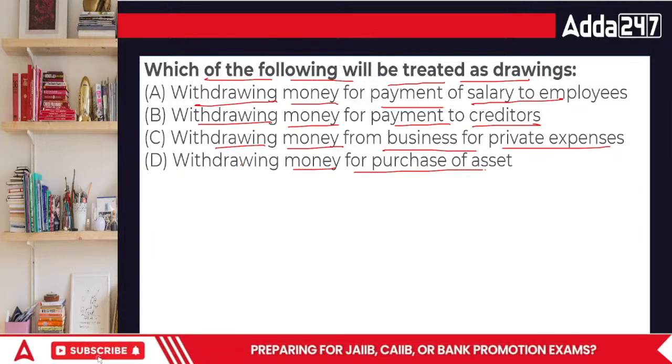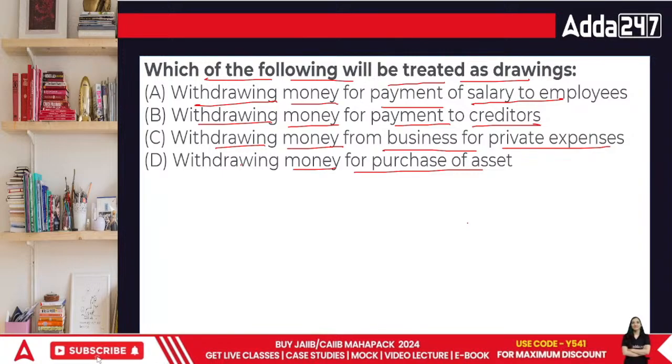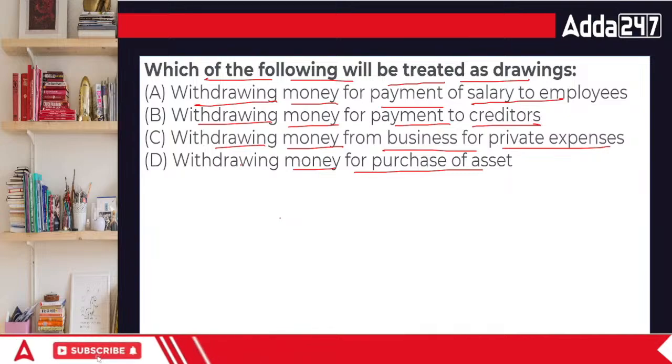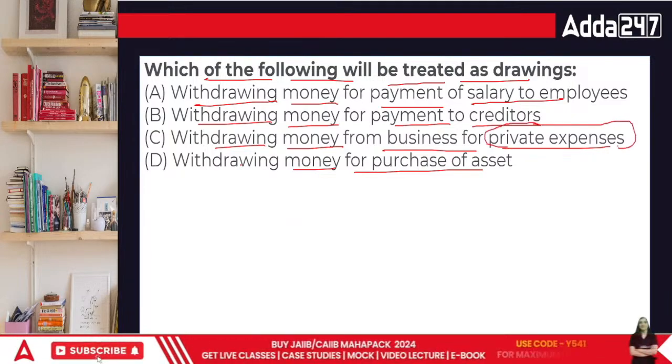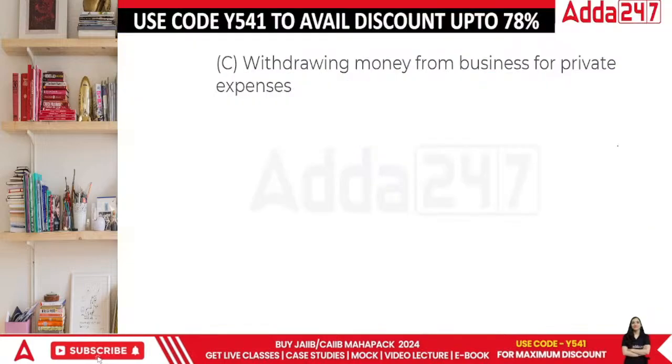When we talk about drawings, drawings is the personal expense. This is basically the personal expenses of the person when he's using business money and saying, "Achha, now I need money for my personal use as well." That is considered here as drawings.